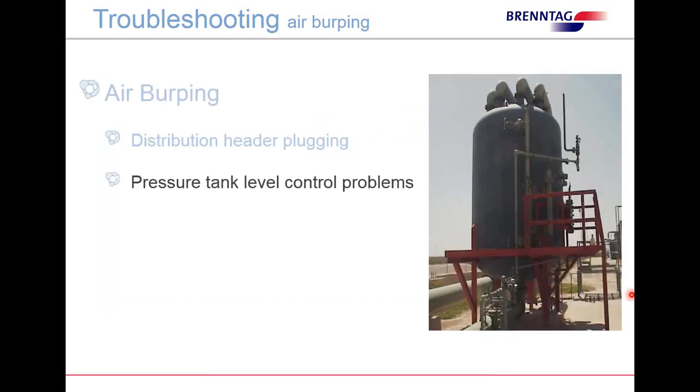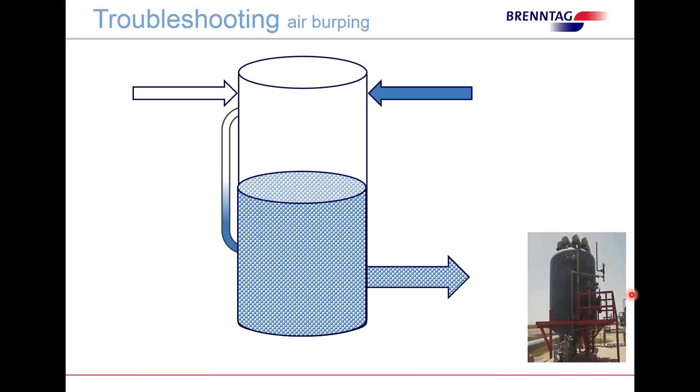Another cause of air burping is in the pressurization tank. And just to give you a little bit of a depiction, I always like to run the water level in the pressurization tank at about halfway. The sight gauge really works nice to tell you exactly where you're at.